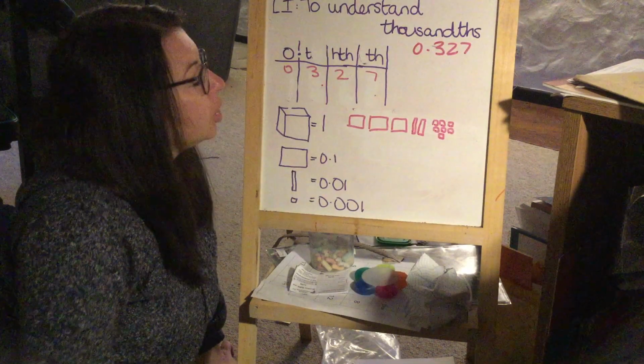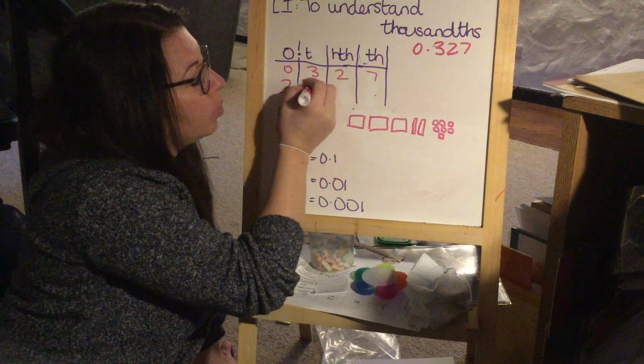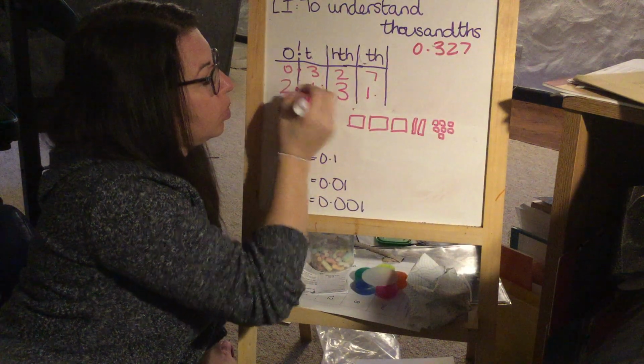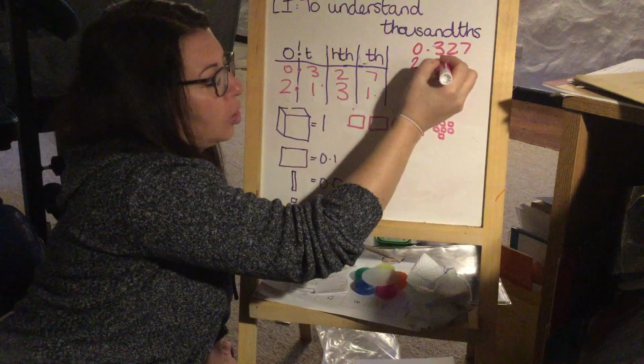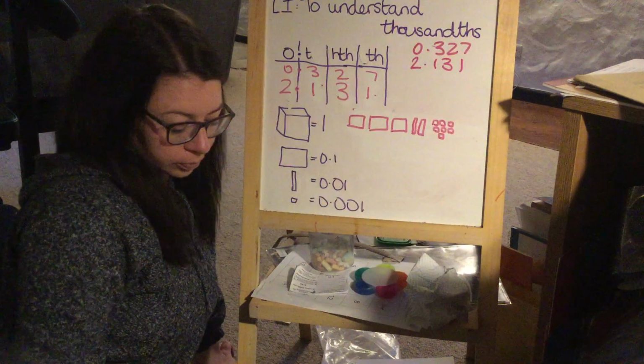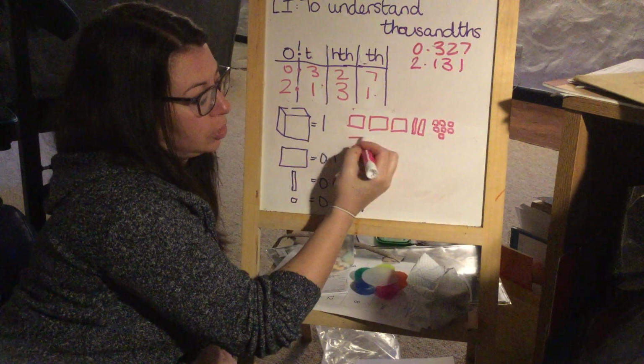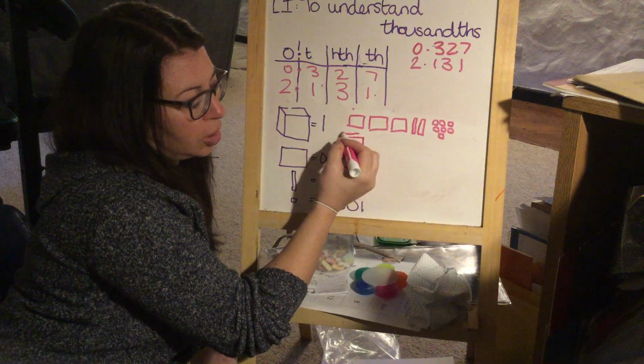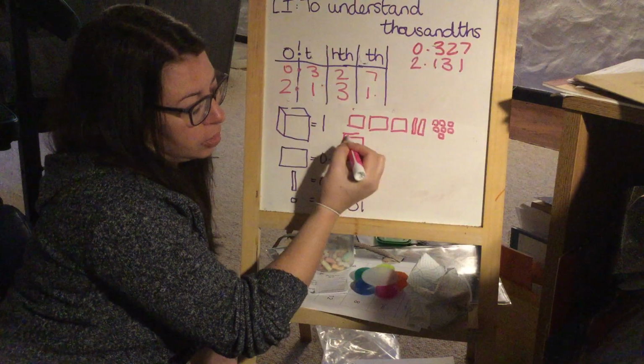You could also do one more. You could also have 2.131. So then you'd have to do 2 cubes. Now remember, when you're drawing a cube, it's just like drawing another box behind it and then joining the corners.